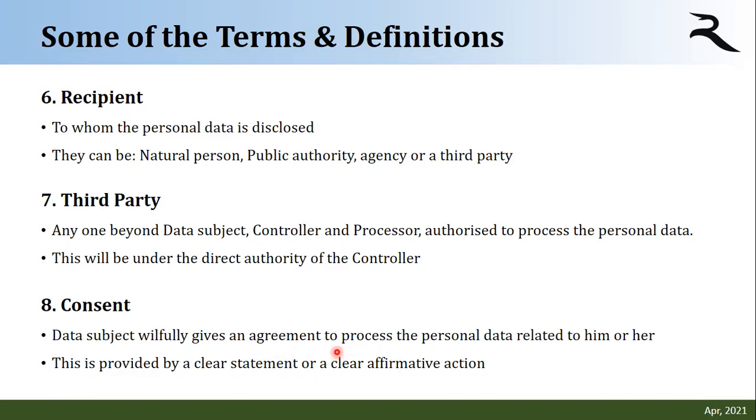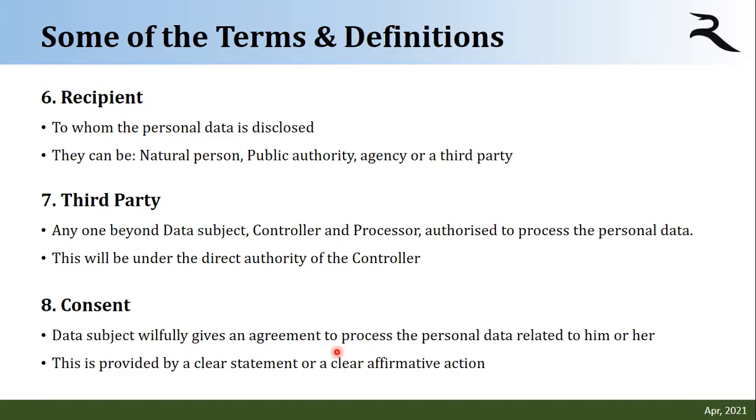And just to go one step further, let's say today I've collected data for one particular activity. Again, I'll take the same bank example. I've collected the data from a customer for, let's say, loan processing. Tomorrow, this bank has diversified into some other product, let's say automobile loan, vehicle loan.